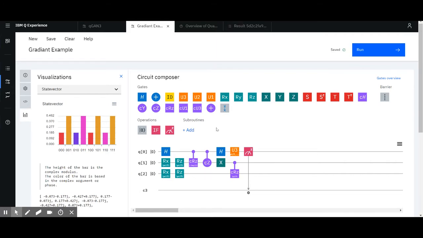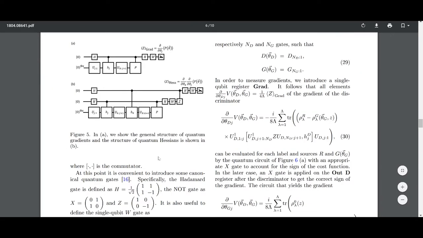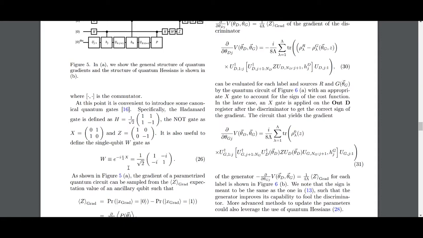I didn't expect that building a quantum GAN would open up such an amount of different topics. I'm happy on one side that this happened this way, but I'm sad on the other side because I feel that I've been drifting a bit away from the main purpose of the channel. But at least I've learned a lot of things, and I hope that you have as well, especially when it comes to the Hamiltonians, the whole concept of the gradient, and how to implement fancy weird things like this one here.